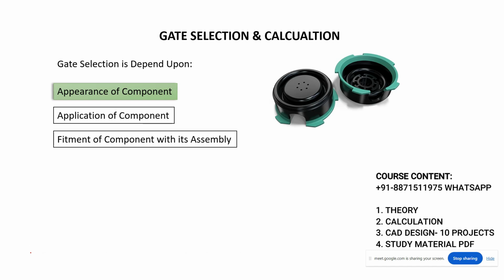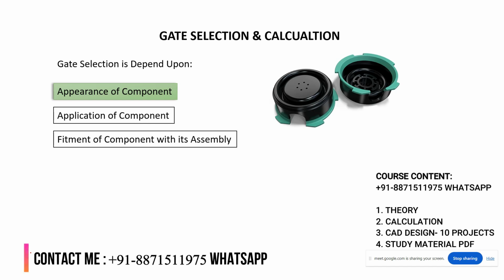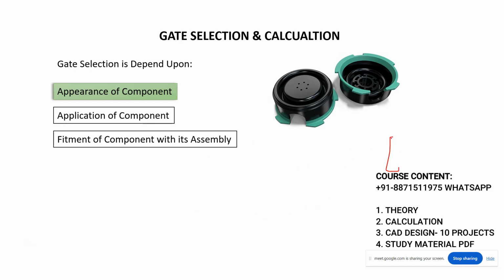For example, if you are purchasing a bottle and there are three bottles in the shop, all three the same, but there is a defect in one, a mark in another, and another mark in the third. But the fourth bottle, same company, is looking nice. So you will select this one, right or wrong? That's why appearance is very important.